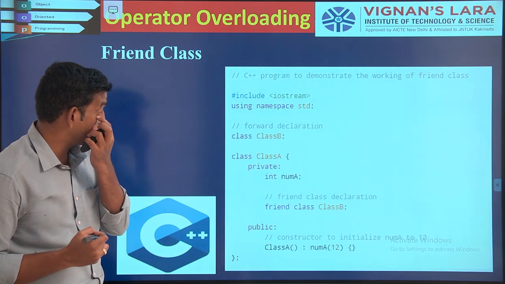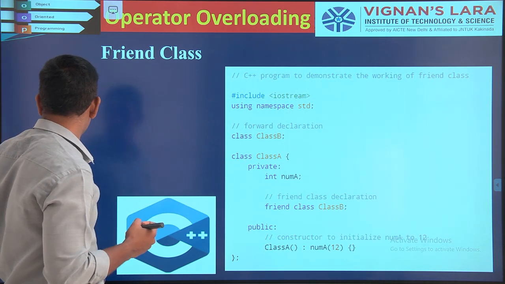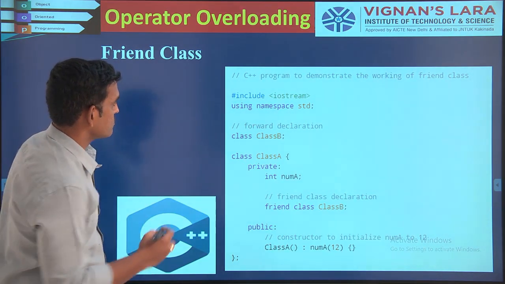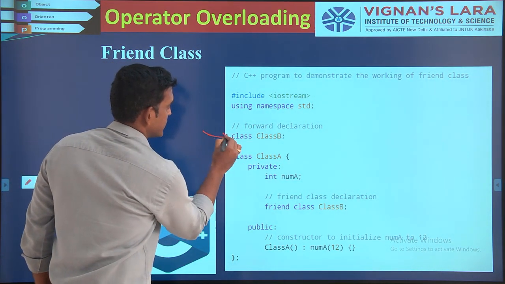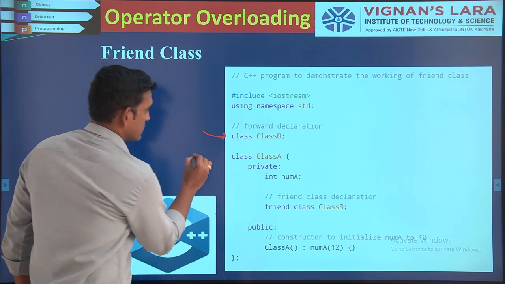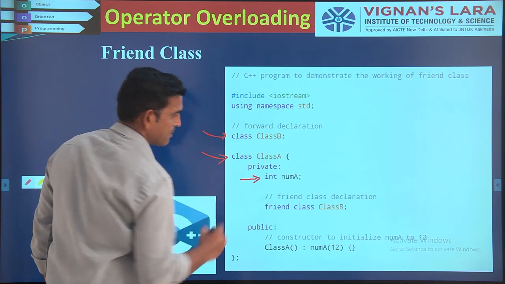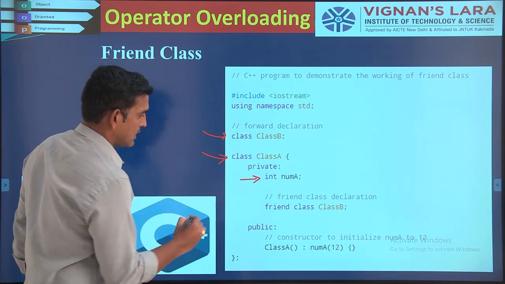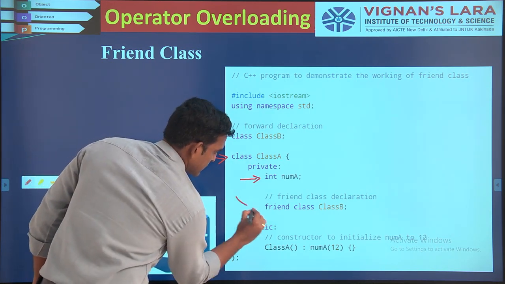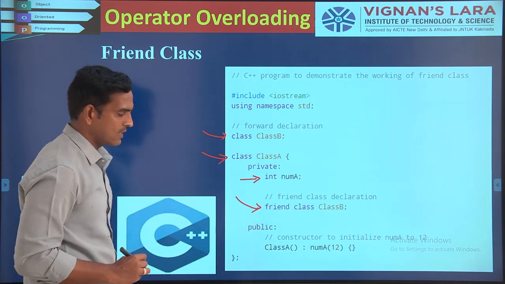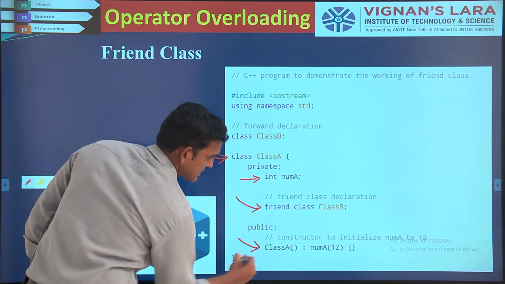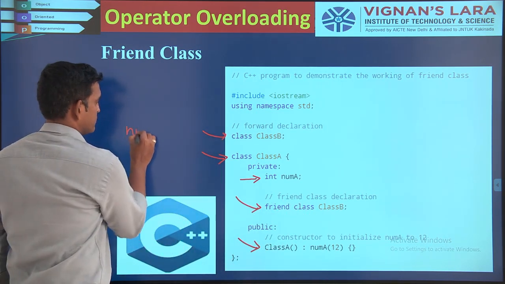So a small example of your friend class is this one. If you see, first I have forward declared class B, then I am declaring class A. Inside class A, I am having num A, and I am making class B as your friend class, and I am initializing num A as 12.